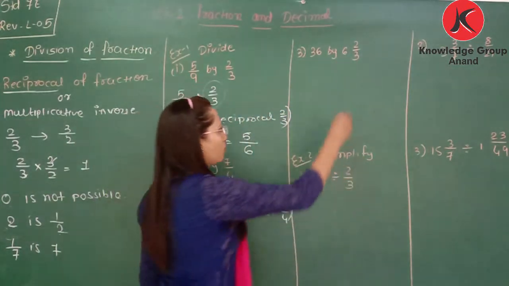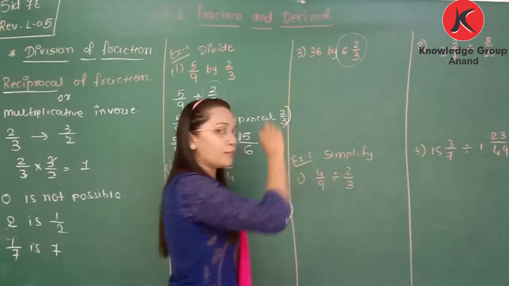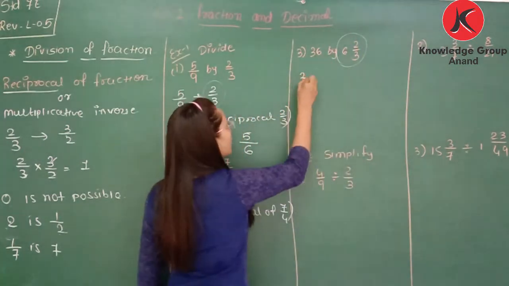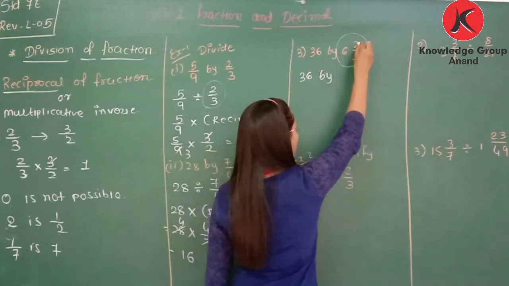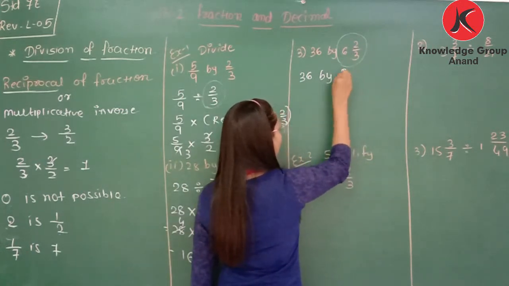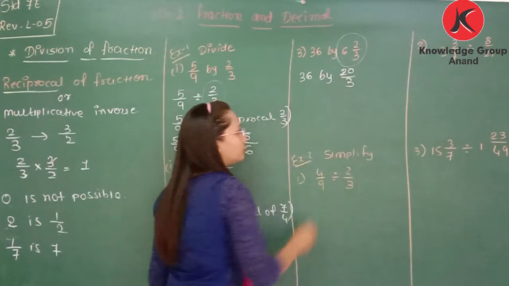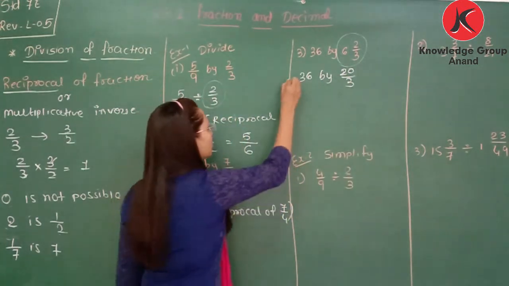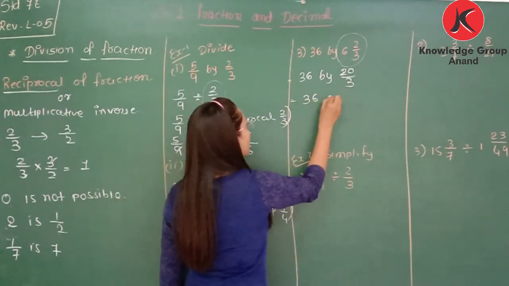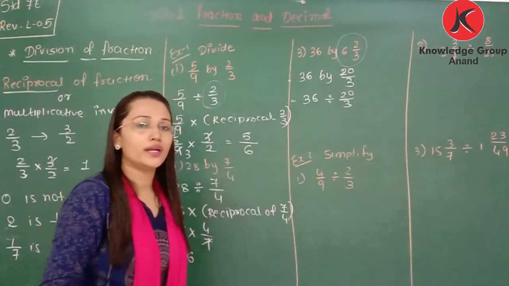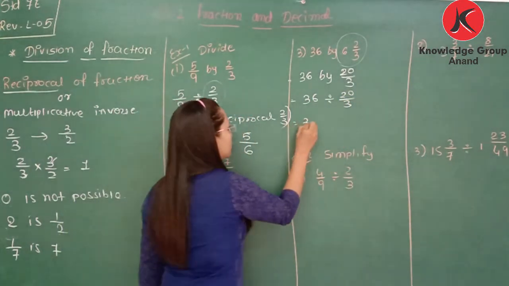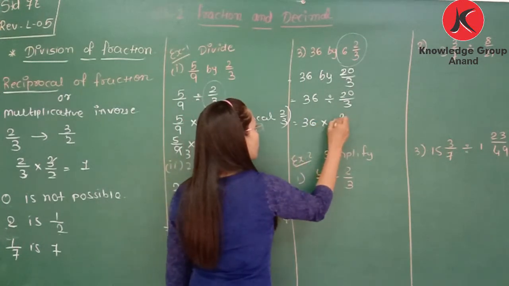Now next, 36 divided by 6 2 by 3. So first convert this into an improper fraction. 6 3s are 18 plus 2, 20 by 3. Now division: 36 divided by 20 by 3. As we learned, convert division into multiplication by writing the reciprocal of this one.